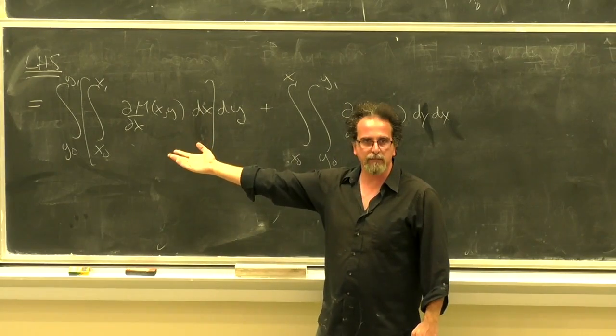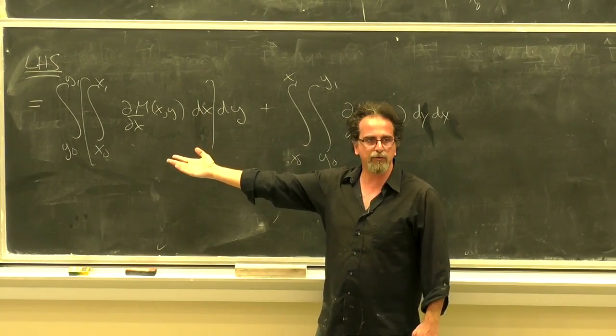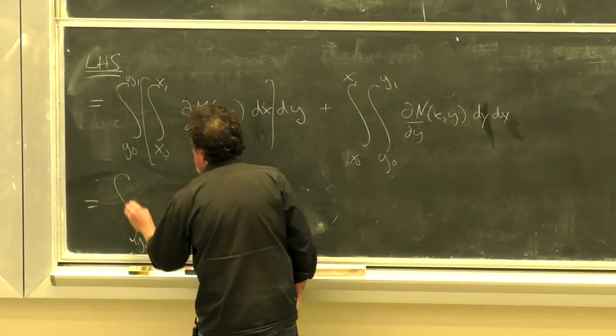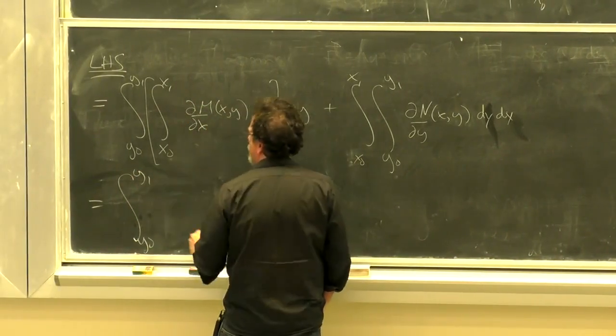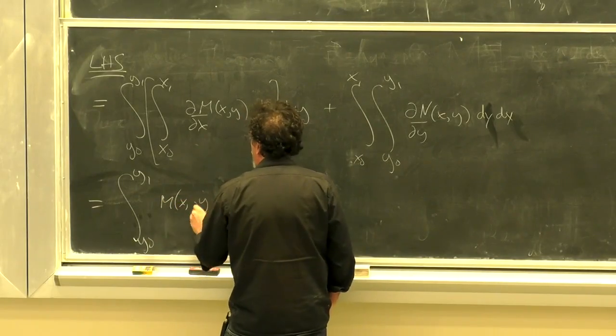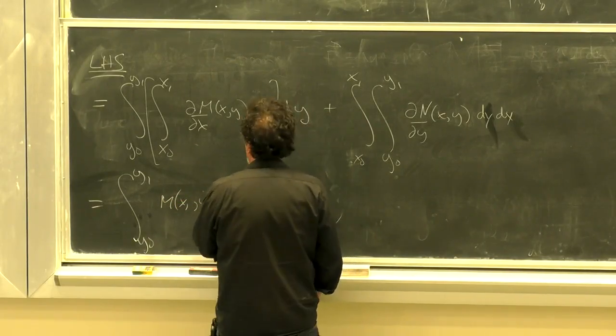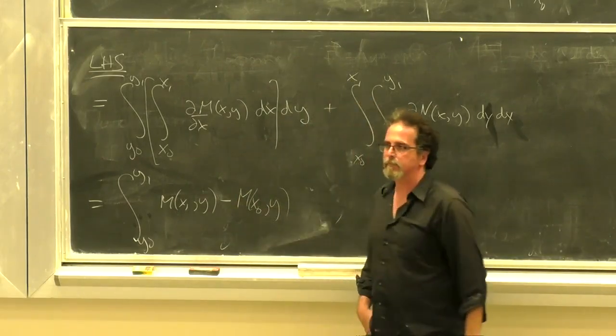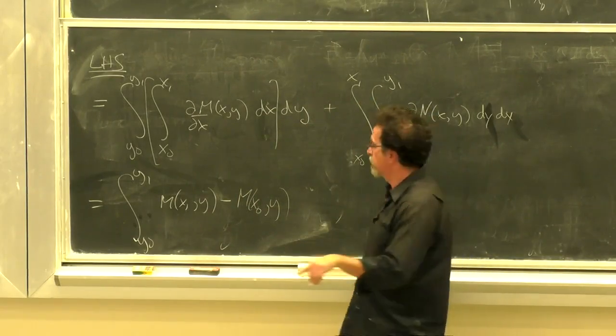Fundamental theorem of calculus. The integral of the derivative is equal to the function evaluated at the upper bound minus the lower bound, which is M of x1, y minus M of x0, y, integrated with respect to y.